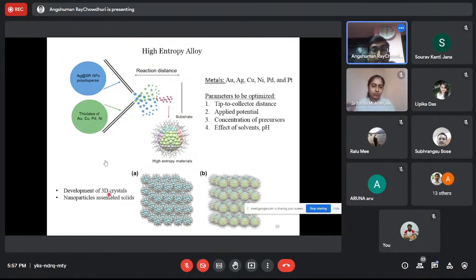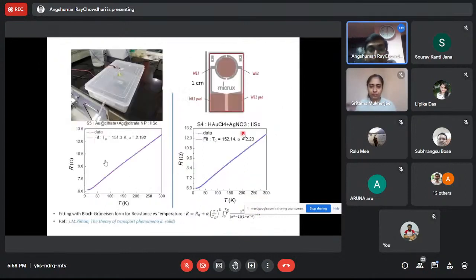And even more, whether the development of 3D crystals or nanoparticle assemblies of solids is possible or not. For that we have to optimize maybe the same parameters, that is tip to collector distance, sometimes applied voltage, concentration of the precursor, and the effect of pH and the solvents, we have to check again.